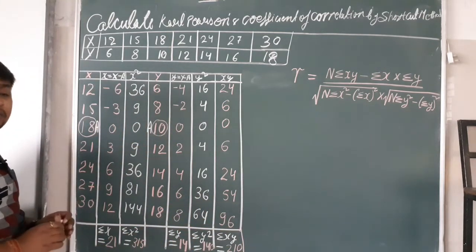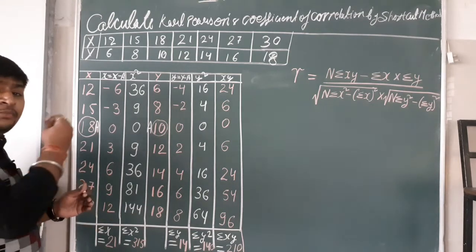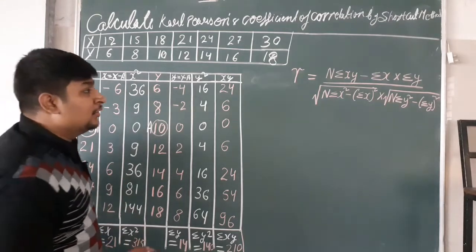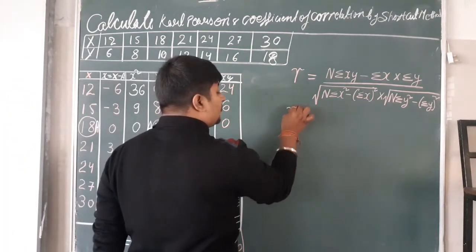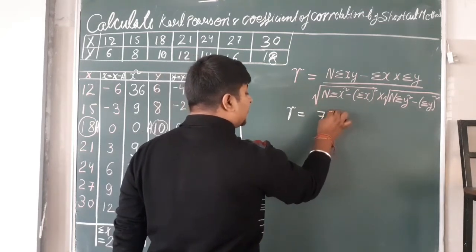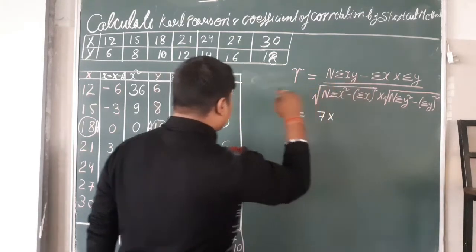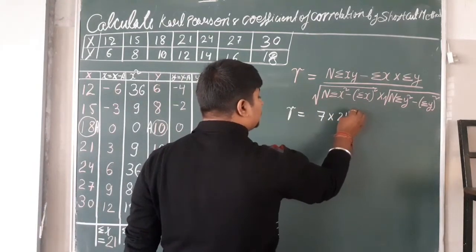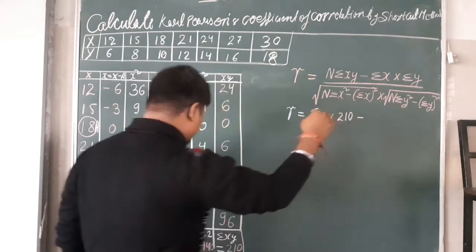Hope it is clear to you all, right? Now the very simple thing, we have to put the values in the formula. So r equals n, the number of values, which is 7, into sigma xy. Sigma xy is 210, so we write 210 minus sigma x into sigma y.